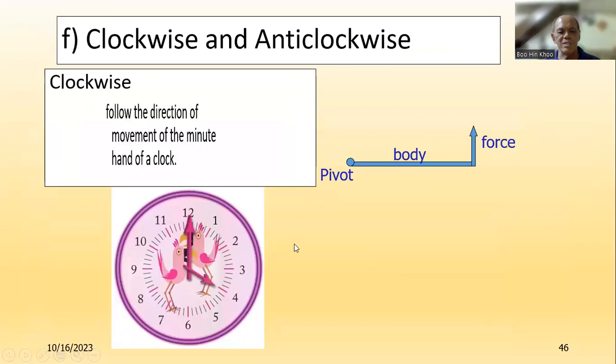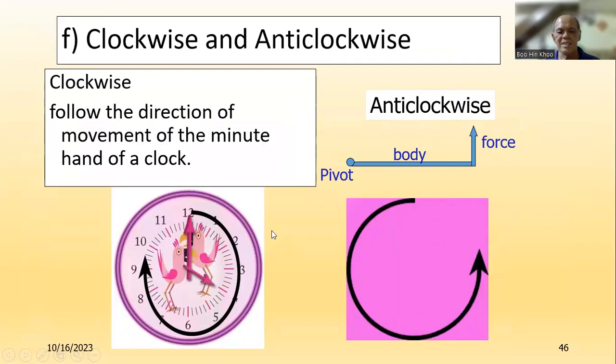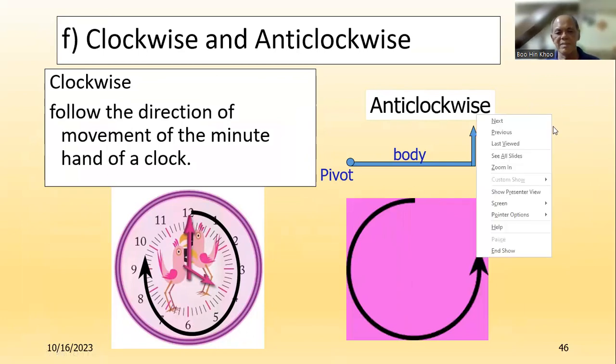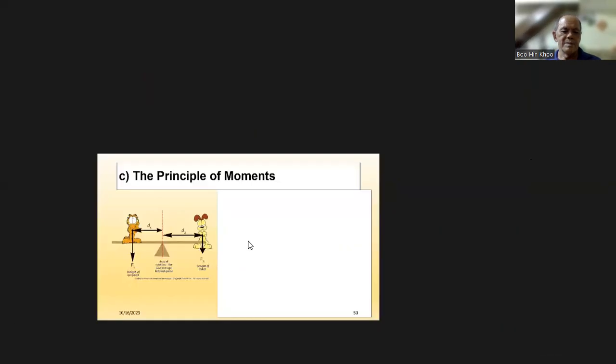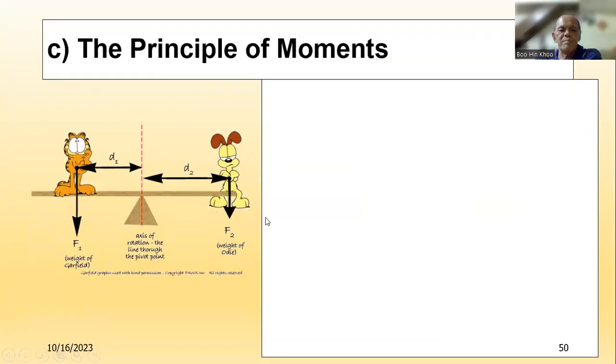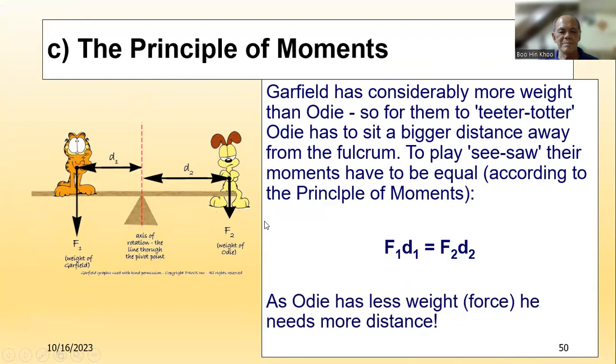Then we come to what is clockwise and what is anti-clockwise. We follow the minute hand as clockwise. And if you turn the other way, anti-clockwise. And we state the principle of moments. Right?